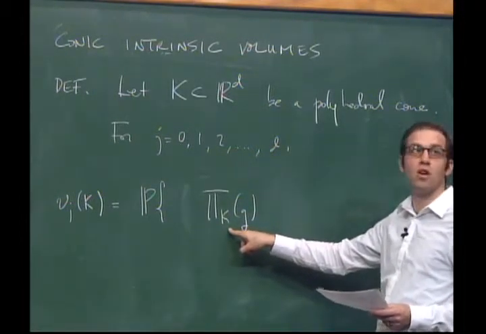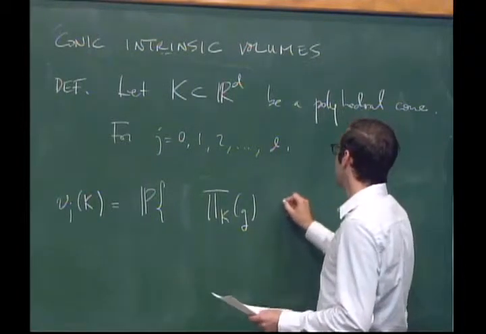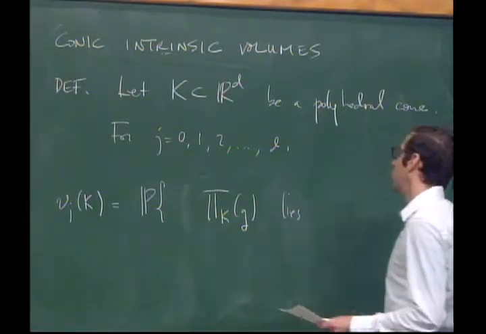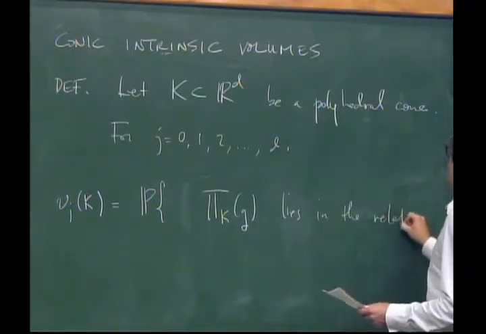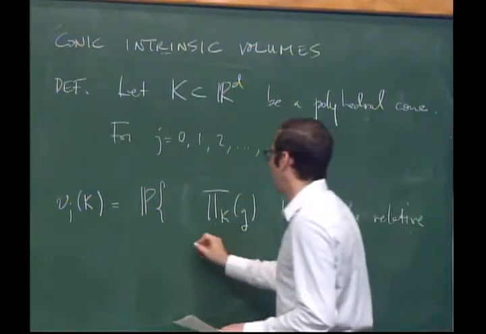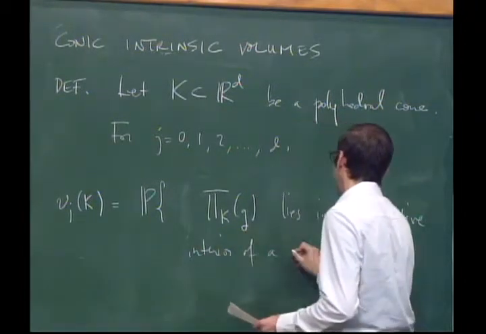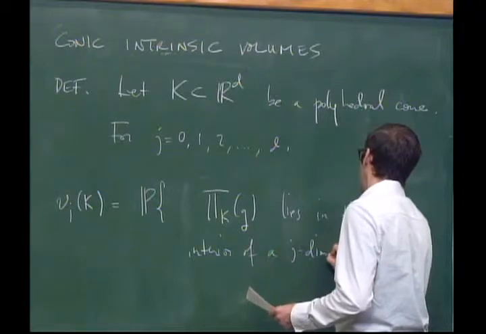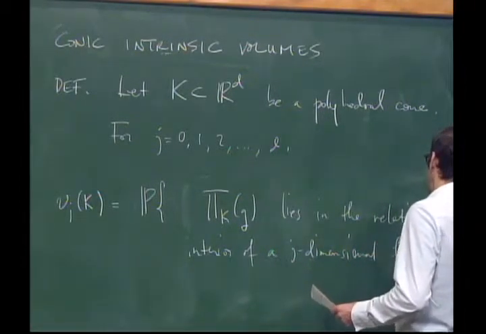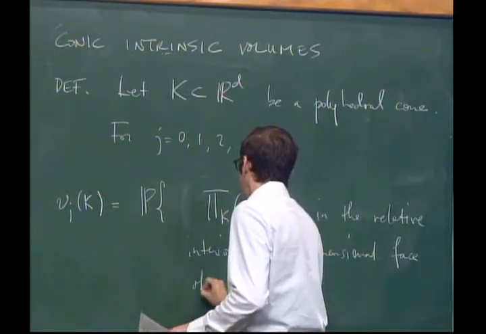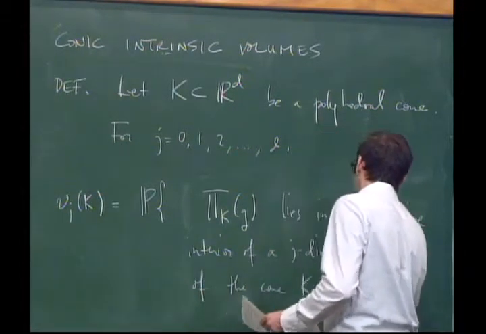So this reports the closest point in the cone to this random vector G. And I'm interested in the probability that this projection lies in the relative interior of a j-dimensional face of the cone K.